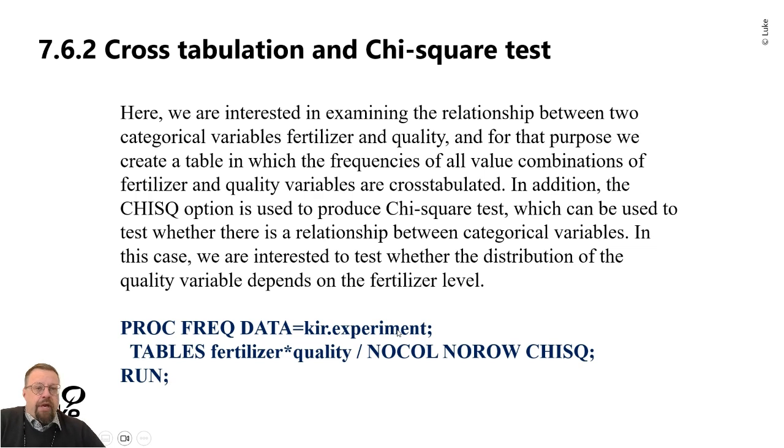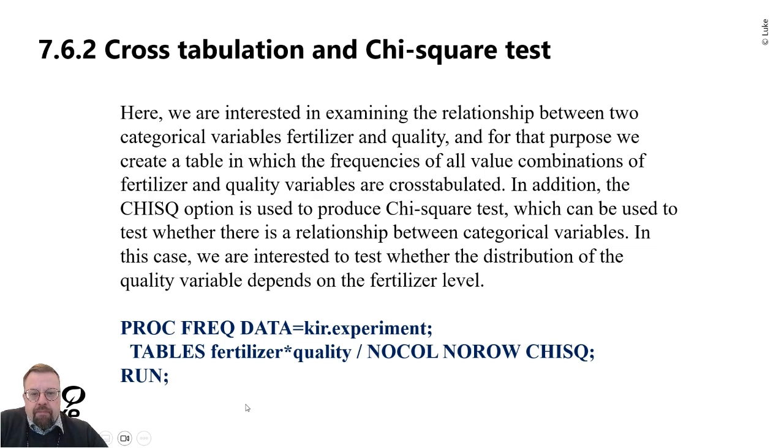Basically what we are interested in is whether the distribution of the quality variable depends on the fertilizer level, but the actual test is a general test of relationship between these two variables.